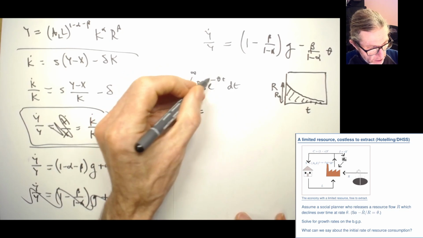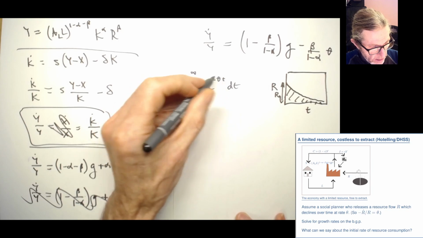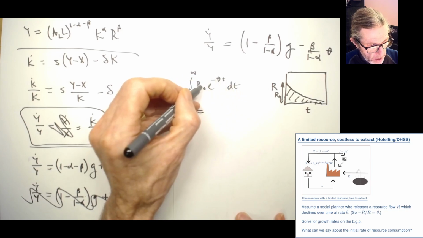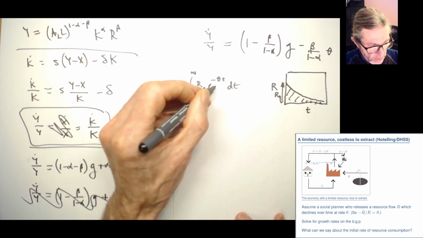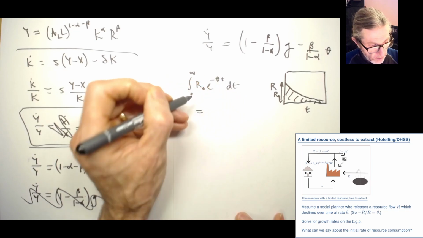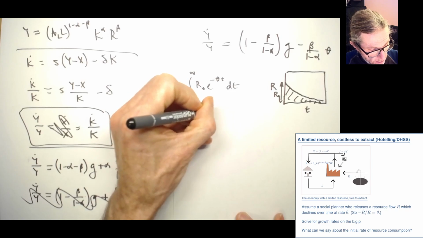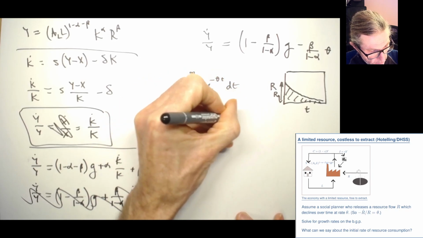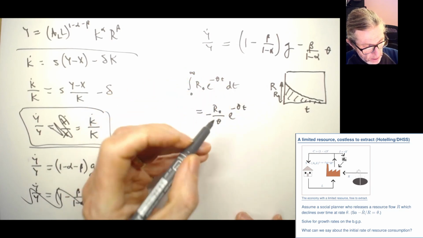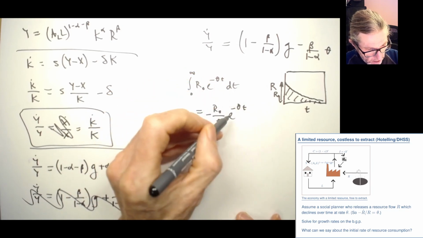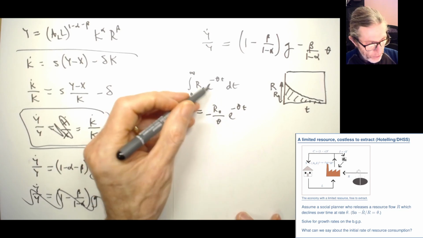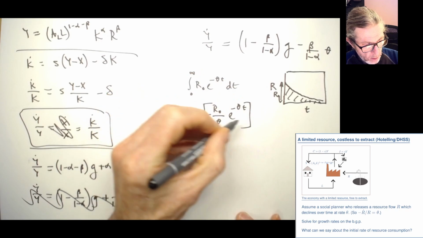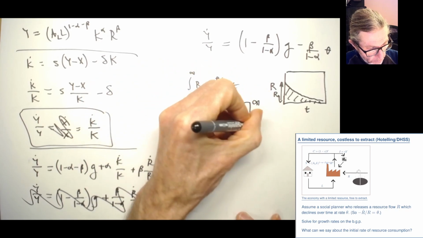Well, if we differentiate an exponential with respect to time, we get minus theta times this. So when we integrate, we need to divide by minus theta. R0 over theta times minus e to the minus theta t. So we can check this, differentiate it back, we get that, yeah. We don't need to worry about the constant because we're doing it between limits.